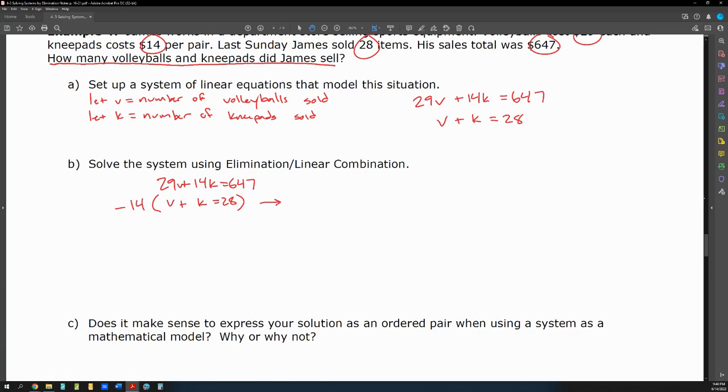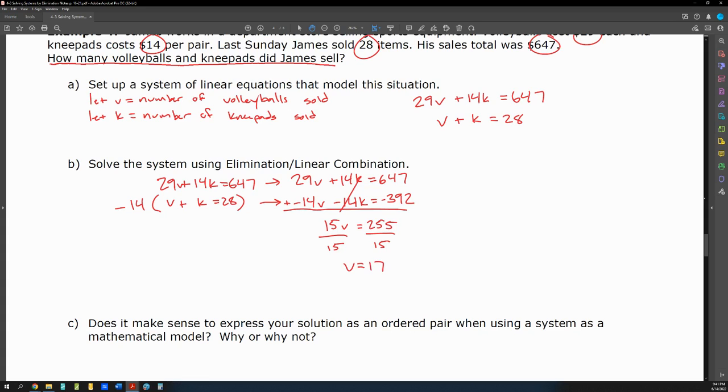So when I multiply this by negative 14, here I'll bring over the top equation, 29v plus 14k equals 647. When I multiply this, I get negative 14v, I get minus 14k, and I get is equal to negative 392. When I add up these equations, my k's cancel out, my v's become positive 15v is equal to 255. Dividing both sides by 15, we get v is equal to 17.